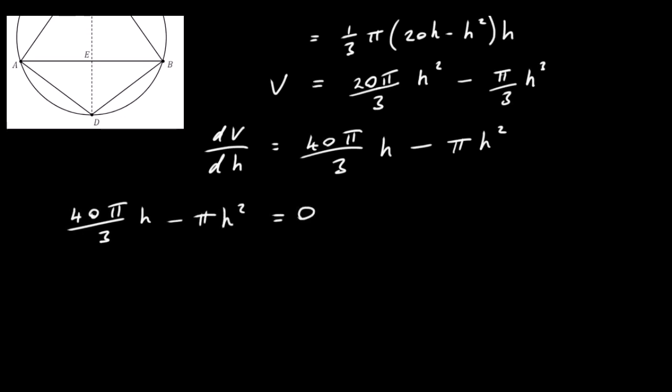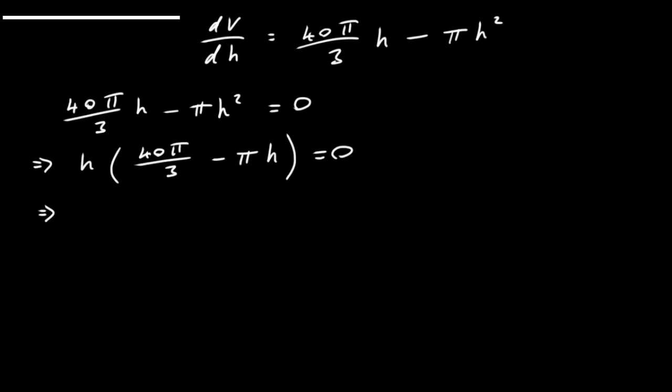This is just a quadratic with two terms, so we factorize just by common factors. Let's take out an h here. That leaves me with 40π over 3 minus π times h equal to 0. So h is equal to 0, or 40π over 3 minus π h equals 0.